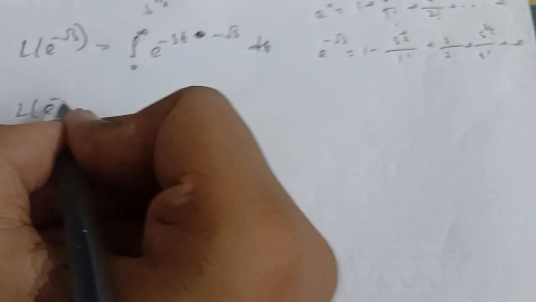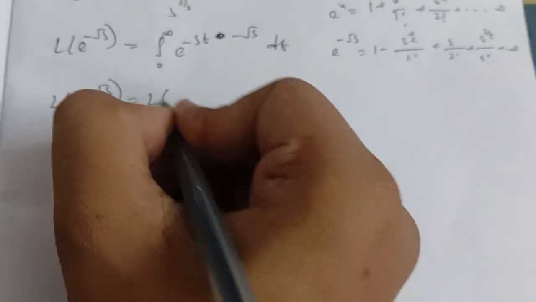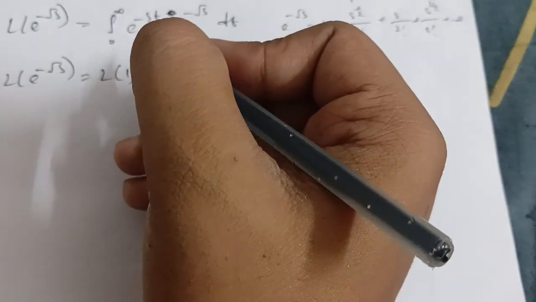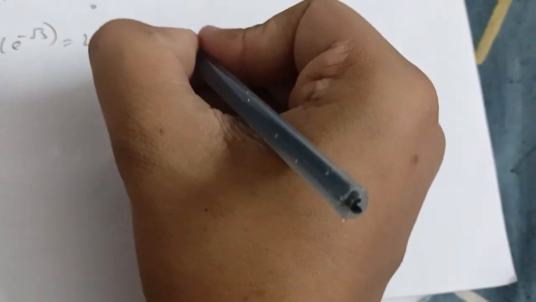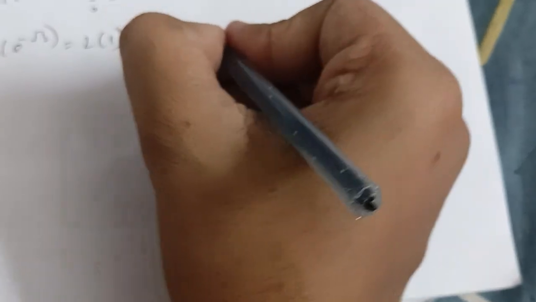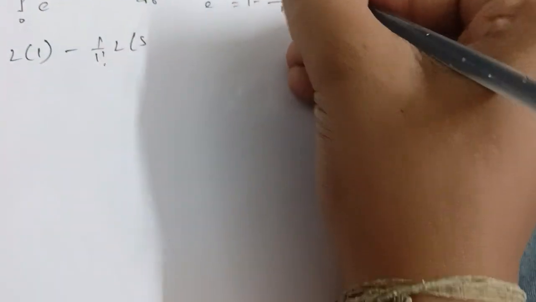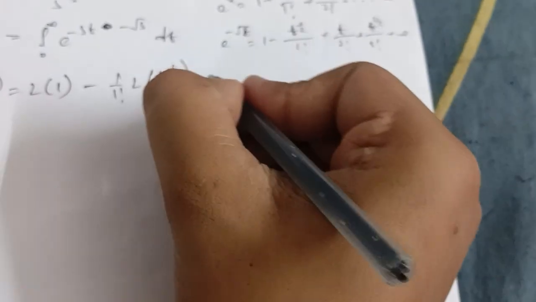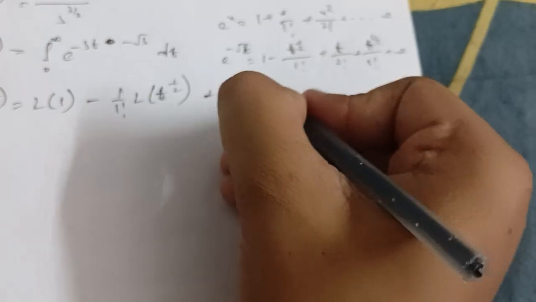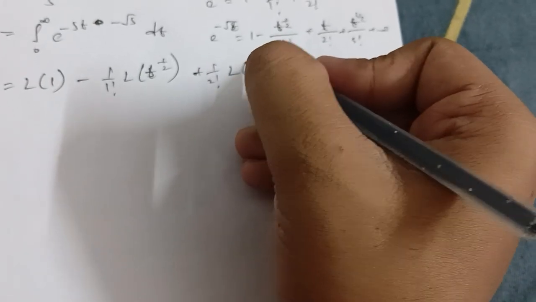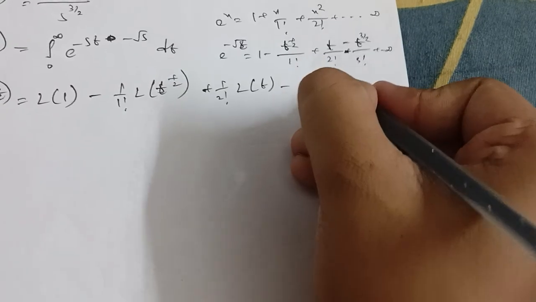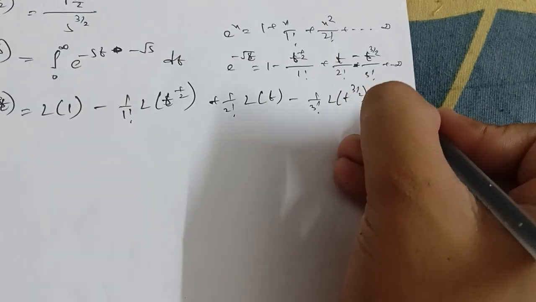So Laplace of e power minus root s is equal to Laplace of 1, minus 1 factorial Laplace of t power half, plus 1 by 2 factorial Laplace of t, minus 1 by 3 factorial Laplace of t power 3 by 2, till infinity.